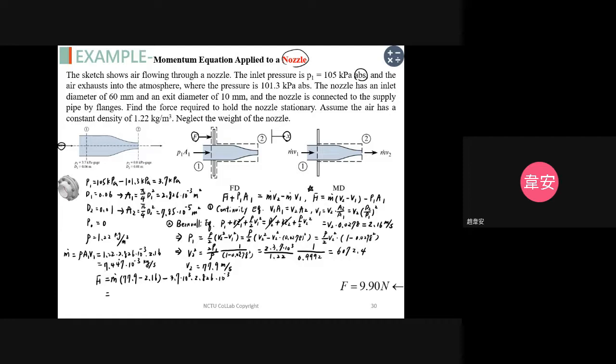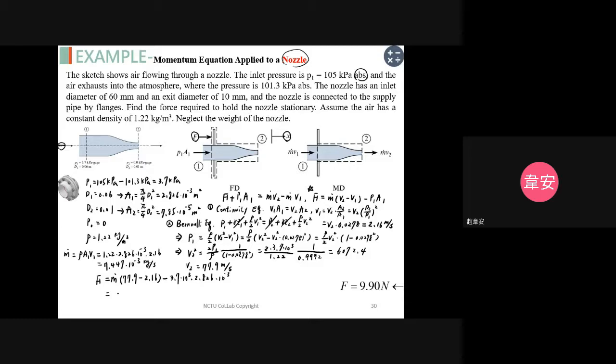So put this number back to here, so we can calculate the mass flow rate multiplied by 77.9 minus 2.16.